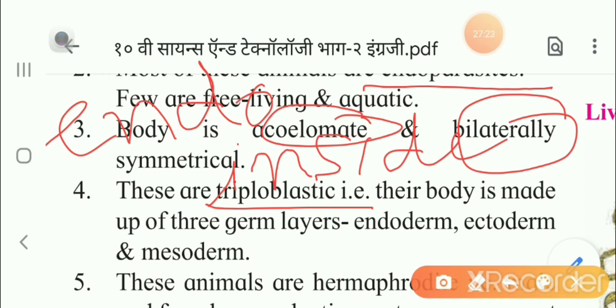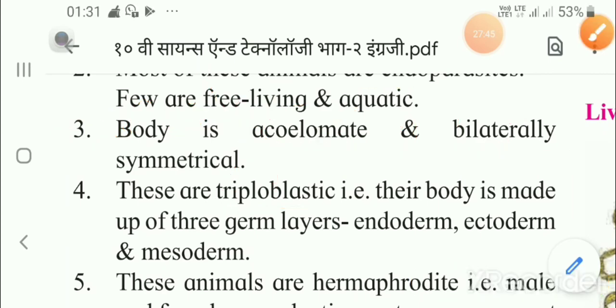Which are the 3 layers? Ectoderm, mesoderm and endoderm. Ecto means outer, derm means layer. Meso means middle, derm means layer. Endo means inside, derm means layer. Their body is made up of 3 germ layers. These are endoderm, ectoderm and mesoderm, already explained to you.